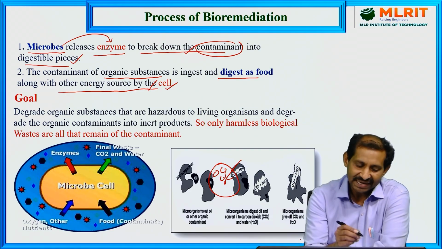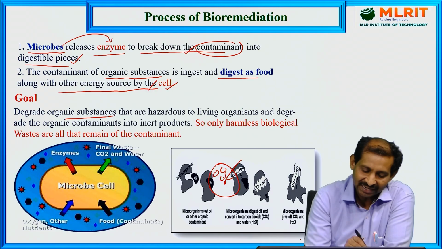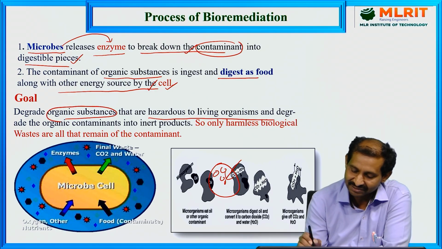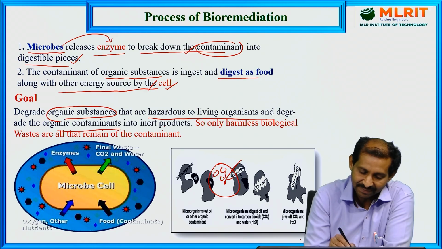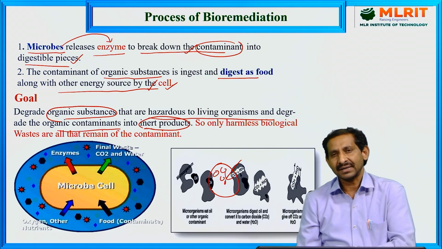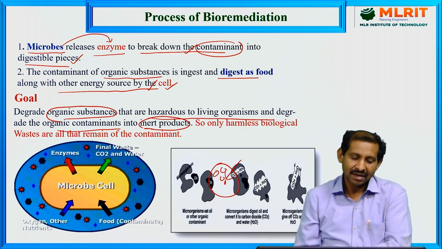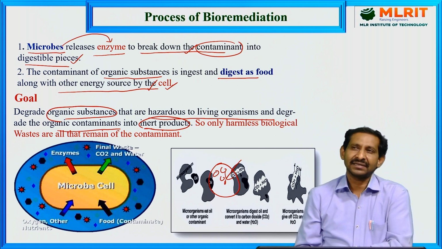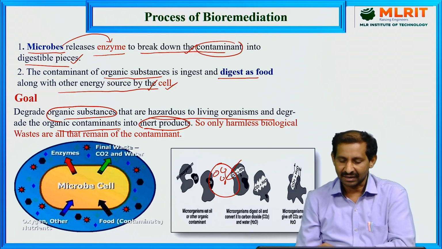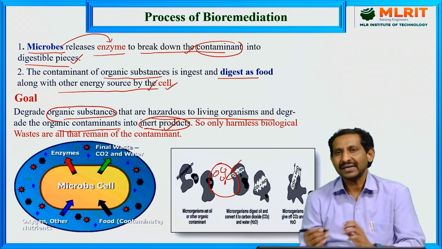What is the main goal of bioremediation? It is the degradation of organic substances. Living organisms degrade hazardous organic contaminants into inert products. Whatever hazardous pollutants or organic substances are present in the environment are converted by living organisms into inert, not active, products.